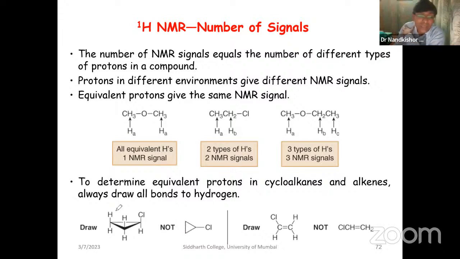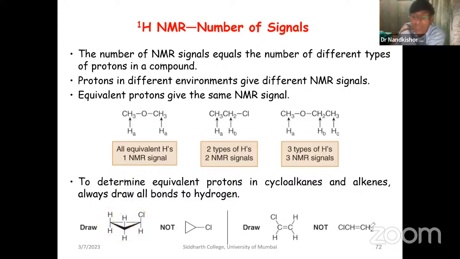We have to study this type of structure, that the above two protons are close to the Cl. So these two are the same. This is directly attached to this, and these two protons are away from this. So there are three signals, one for this, another for these two, another for these two. So three peaks will be like this, but not like that. This peak or this peak or this peak.